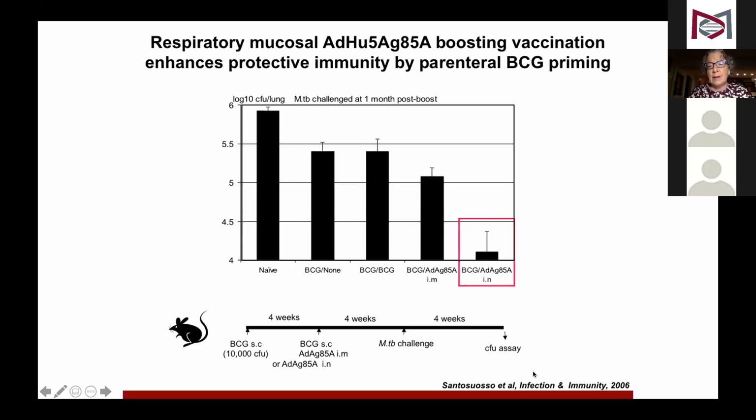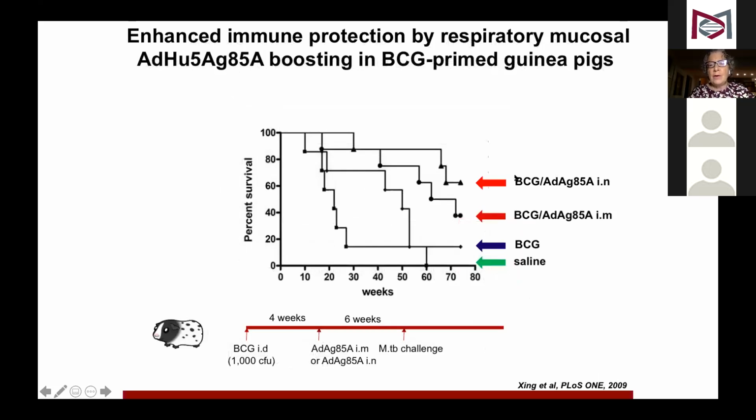And so this was in a mouse experiment done in 2006. When we move on to guinea pigs, in this situation, we're looking at survival. So again, we've got animals that are given BCG to prime them, followed up with either the intramuscular or the intranasal vaccine, and then challenged with TB.